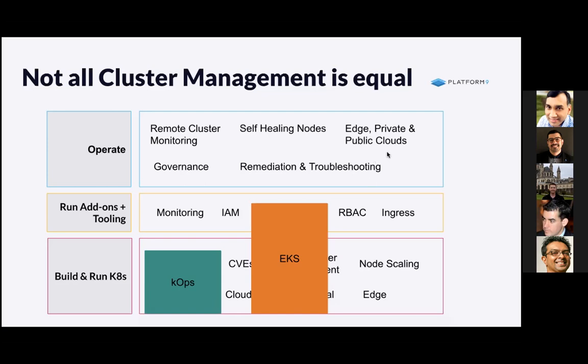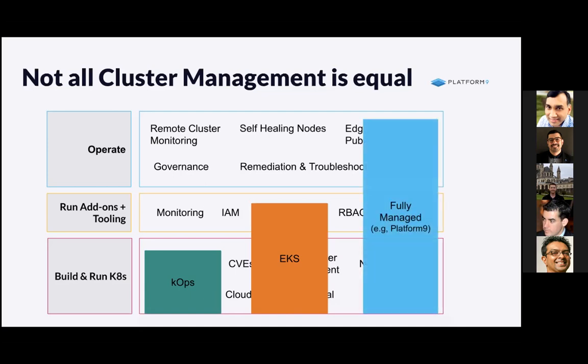So the multi-cloud capabilities, the ability to manage the entire thing, right? So you don't have to worry about build, run, operate, all three layers. And companies are emerging in that layer, and we'll say Platform 9 is an example of a company that provides that full management end-to-end, where all three layers are managed for you in a collaborative fashion.